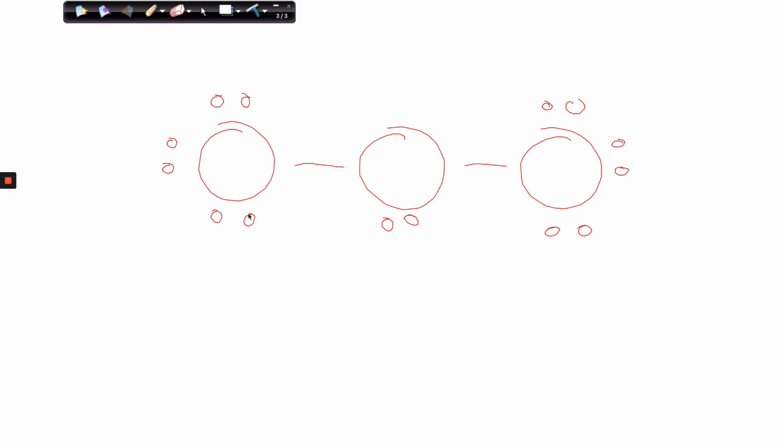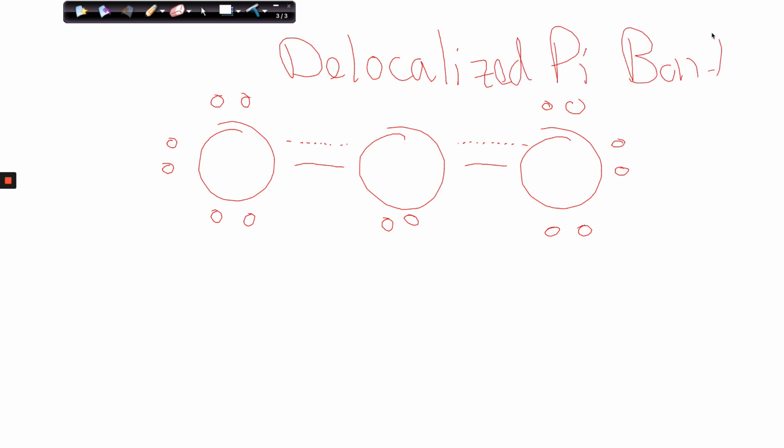Guys, this is what, and we're going to talk about this, but literally, guys, this bond forms in this direction, and this bond forms in this direction, partially simultaneously. Guys, this bond has a name. This bond is called a delocalized pi bond.